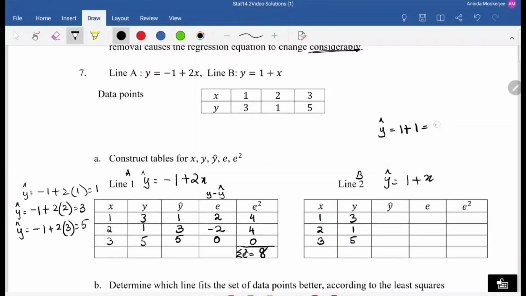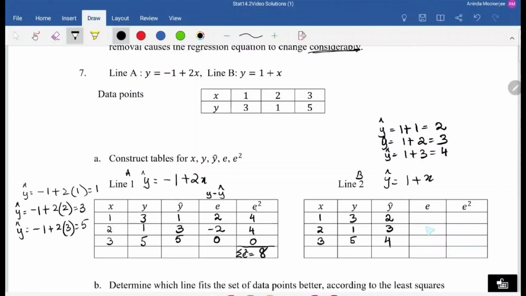So 1 plus 1 is 2. So we write the value 2 in the first row. And then y hat is 1 plus 2, which is 3. And then the last one is y hat equals 1 plus 3, which is a 4. So 2, 3, and 4.